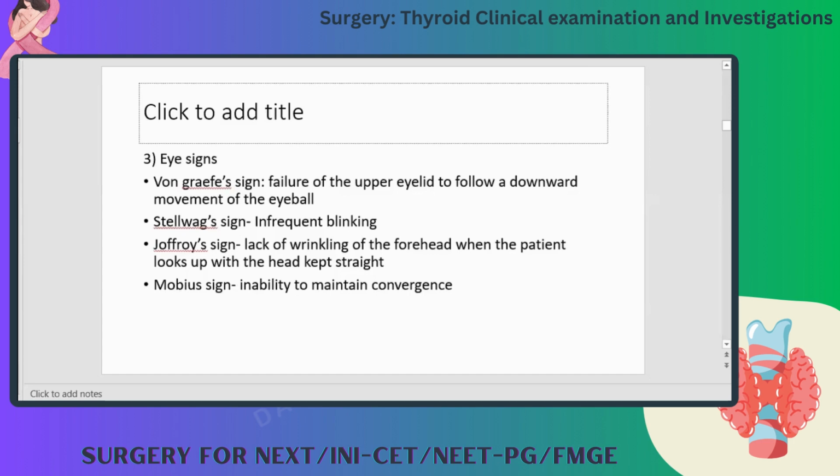Before we go into investigations, one thing I want: thyroid gland is there. Adjacent to the thyroid gland, a small swelling is there. What might it be? What are the two possibilities? Abscess or cyst?